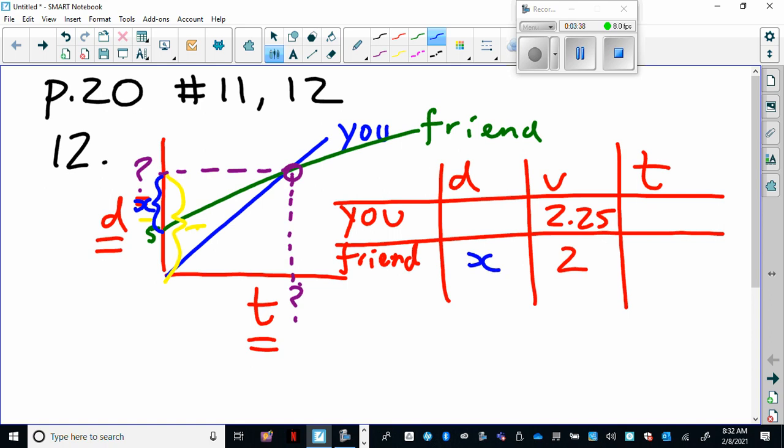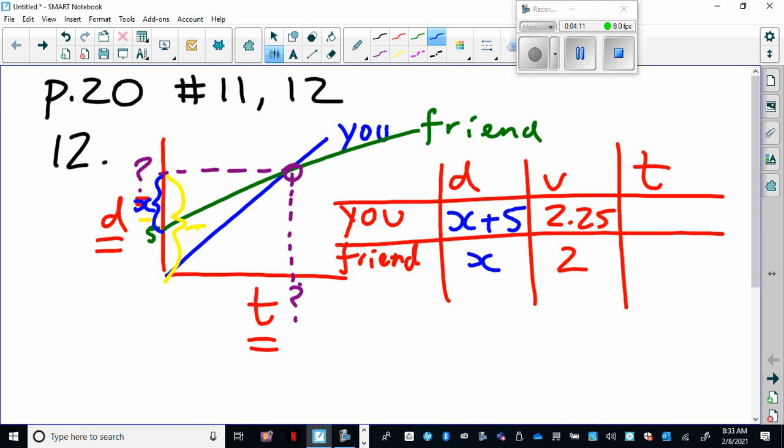And then you ask yourself, what is an expression for the distance that you have traveled? And clearly, since you started 5 meters behind him, you are traveling 5 meters more than he is traveling. So an expression, not a value, but an expression for your distance is going to be the distance that he traveled plus the extra 5 meters that you traveled because he's 5 meters in front of you.